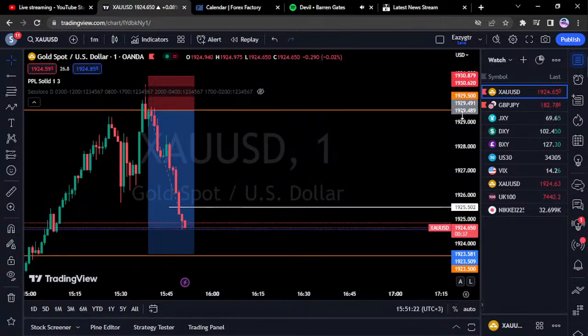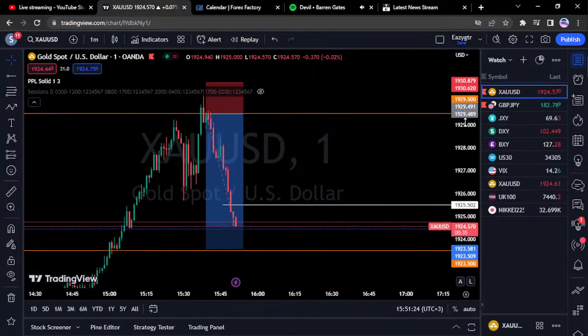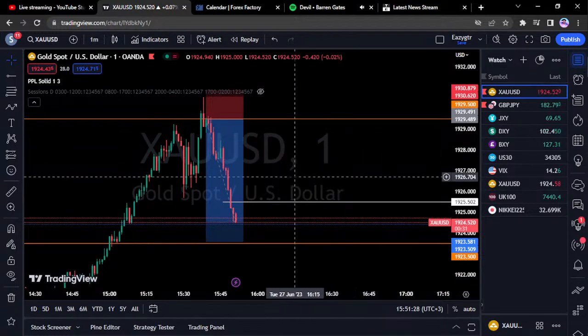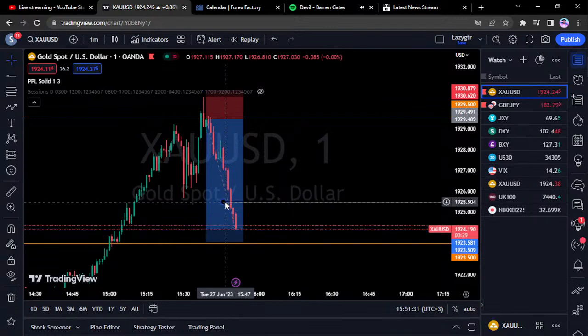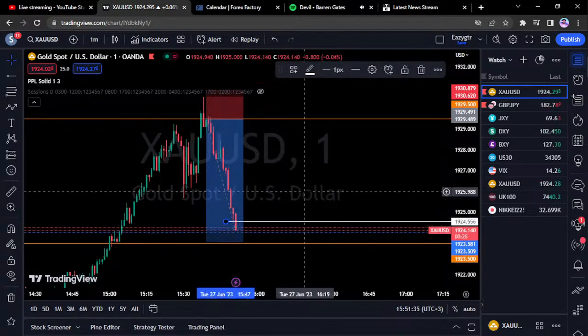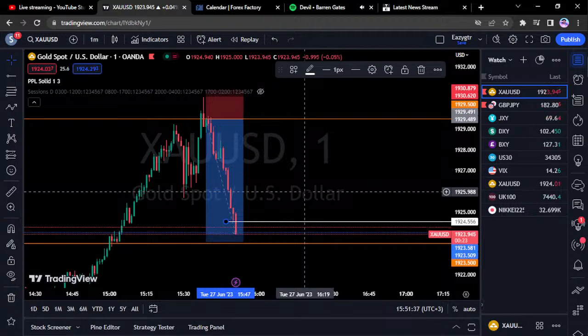So price is dropping beautifully. So I'm looking to move my stop loss to 1924.50. I've locked in 50 pips.